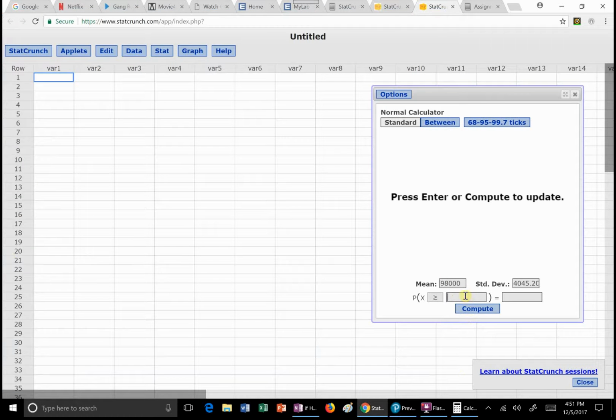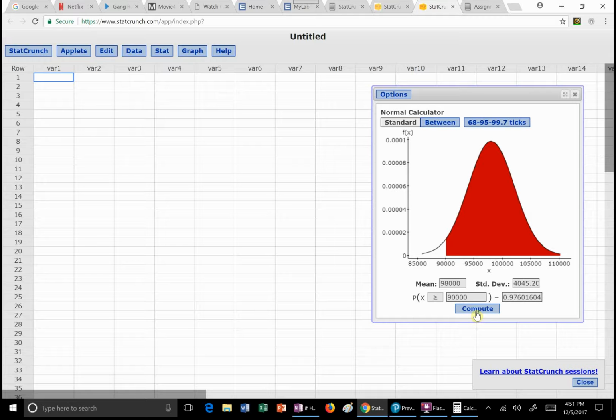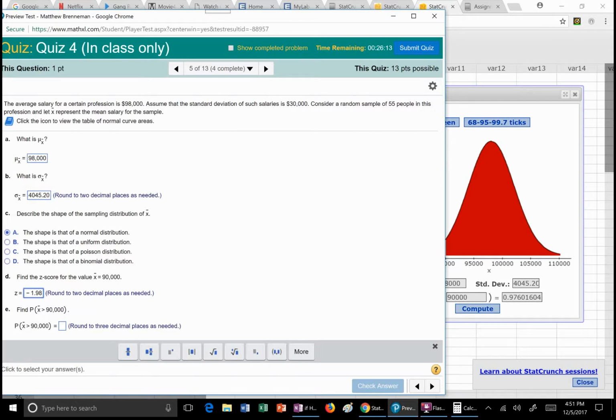Okay? And that should do it. And notice it's very large. Okay, not surprisingly. So it's going to be roughly 97.6%. So to 3 decimal places, that'd be 0.976.